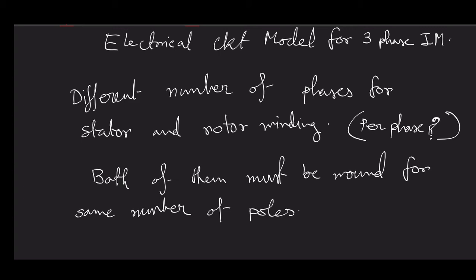So in case of balanced operation, instead of analyzing all three phases, analyzing one phase was sufficient. You agree with that? Now, even if you have a different number of phases in your stator and rotor, you need the same number of poles, meaning both stator and rotor act on the same core.